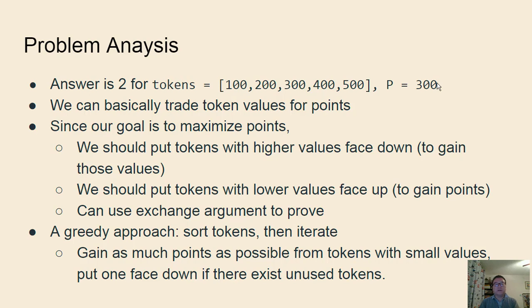So long as there exists any unused token, by putting the token with the maximum value face down, we are able to play at least one more token face up. So we're not losing any point; the score minus 1 can always be recovered. But if all tokens have been played, then we shouldn't do that. So that's pretty much the logic.